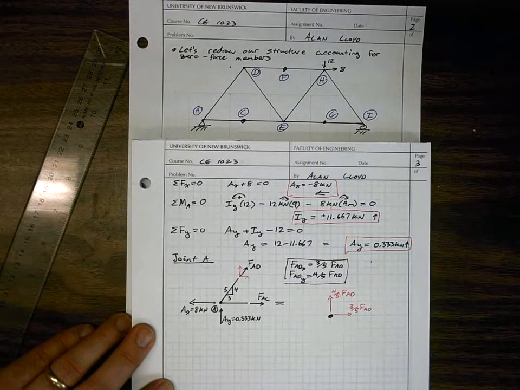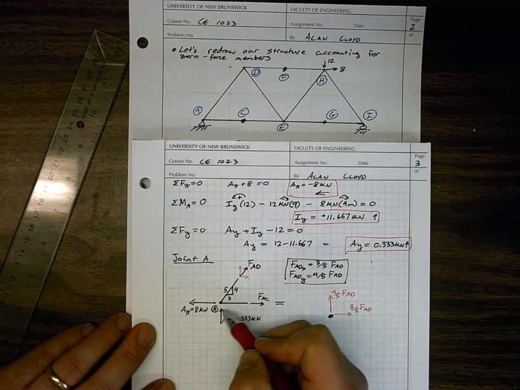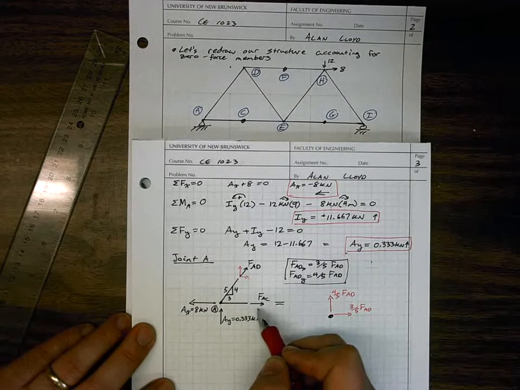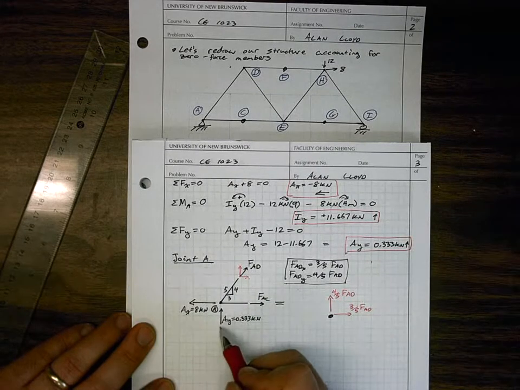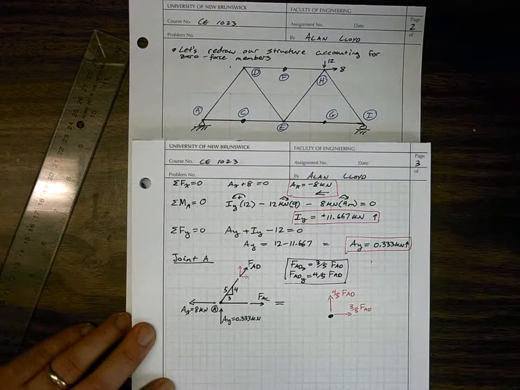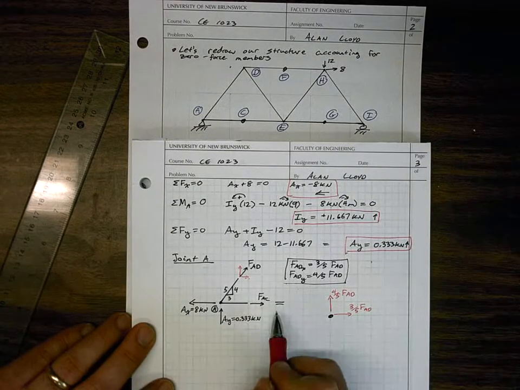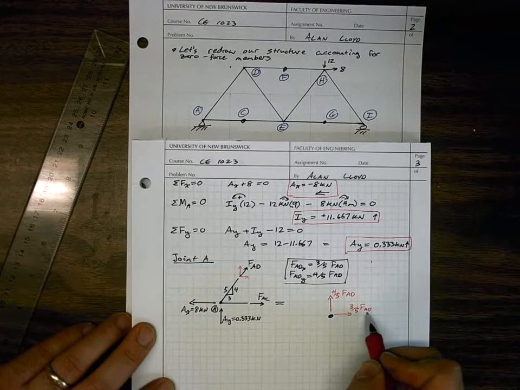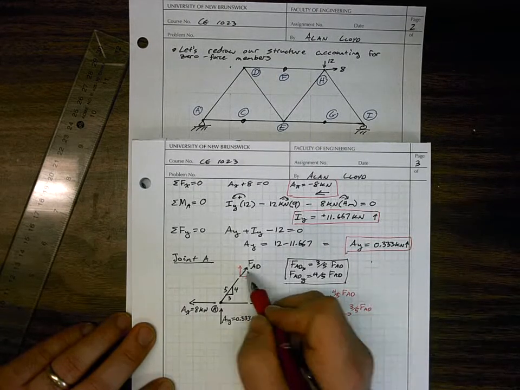Here's the key point to solving the method of joints: draw our diagram in the local system with all of our unknowns acting in the positive local direction, tension force here, tension force there, and all of the knowns acting in the actual direction that they're acting. So we have AY going up and AX going to the left. When we break this down into our global coordinate system, we apply the component forces in the directions based on how we drew it in the local system.